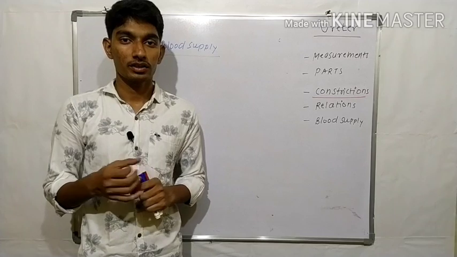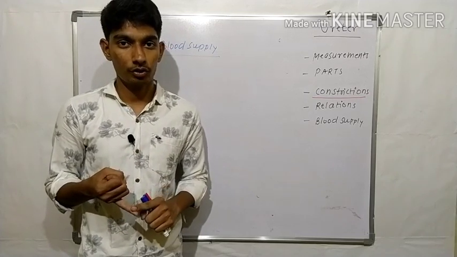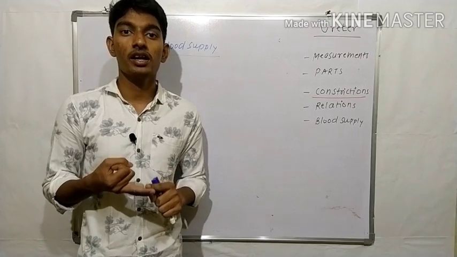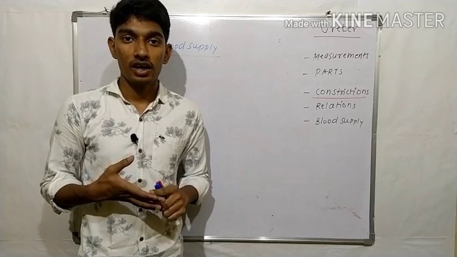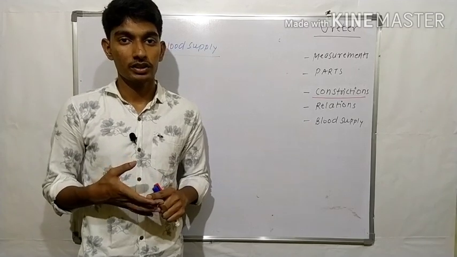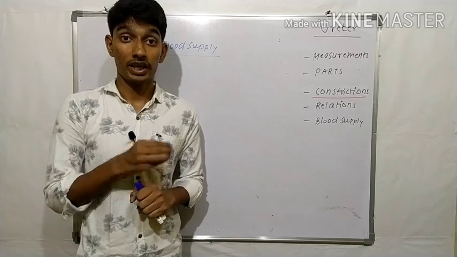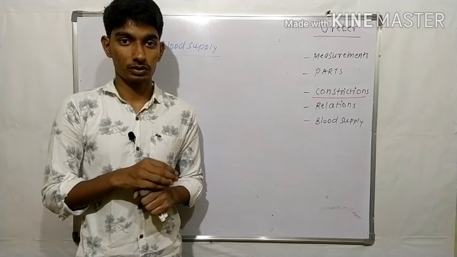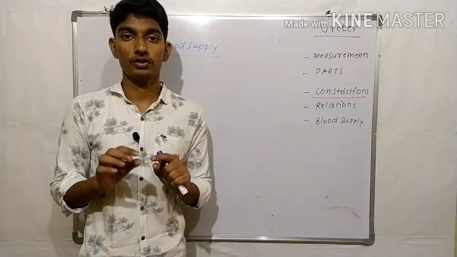Ureter is also supplied by renal artery, which is a branch of abdominal aorta. It is also supplied by gonadal artery, common iliac artery, inferior vesical artery. These are the various arteries which supply the ureter. This is all about the anatomy of ureter in detail.